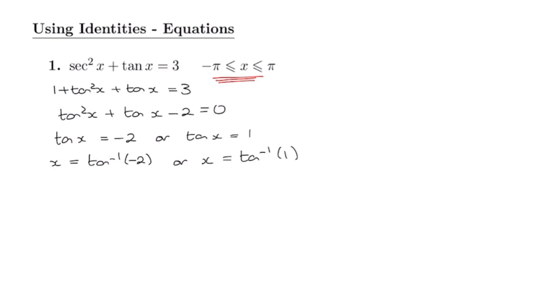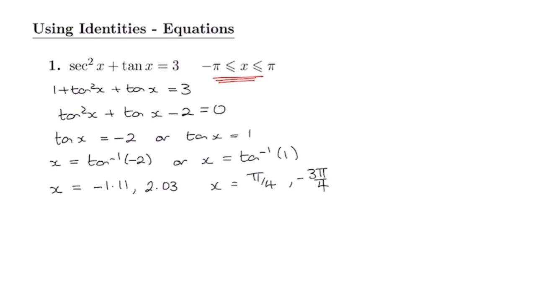When we get our calculator, remember we need to be working in radians. x comes out as negative 1.11 to 2 decimal places. And of course, because it's tan, just add on pi, so we get 2.03. And of course, the other one, x equals pi over 4. If you add on pi, it goes more than the range, because our range of values is negative pi to pi. So if you take off pi from pi over 4, you also get minus 3 pi over 4.